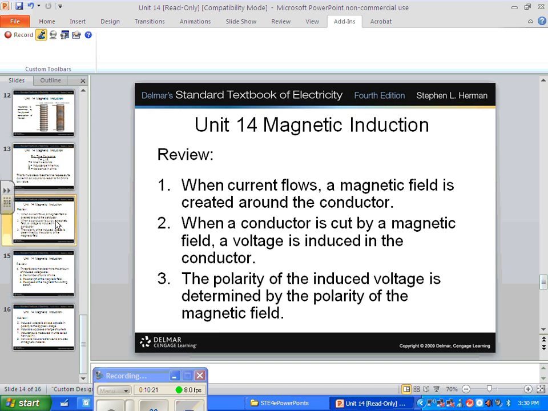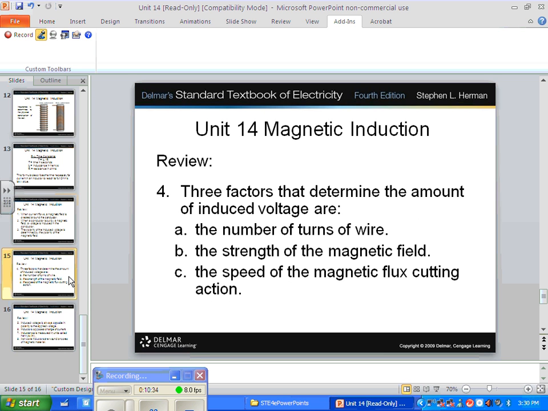Let's see. When current flows, a magnetic field is created around the conductor. When a conductor is cut by a magnetic field, the opposite happens. It creates a current. Polarity in the induced voltage is determined by the polarity of the magnetic field or the current that's inducing it. What affects the amount of induced voltage? The number of turns of wire.